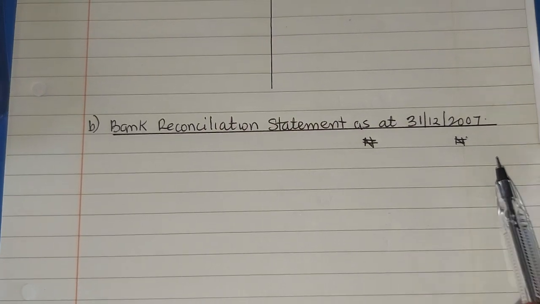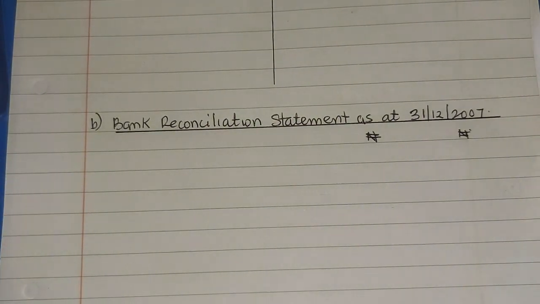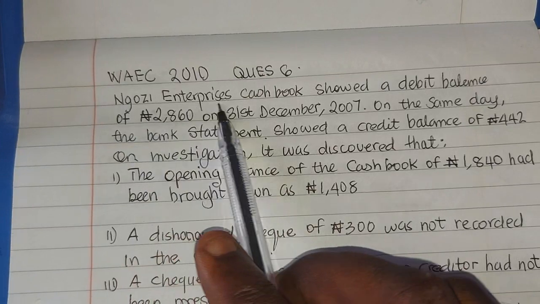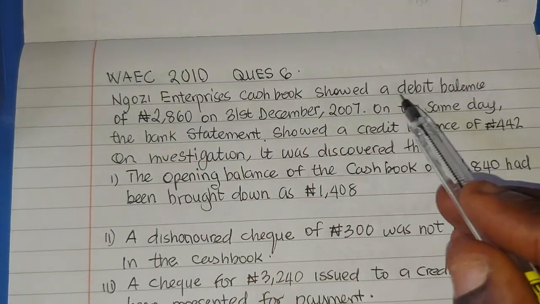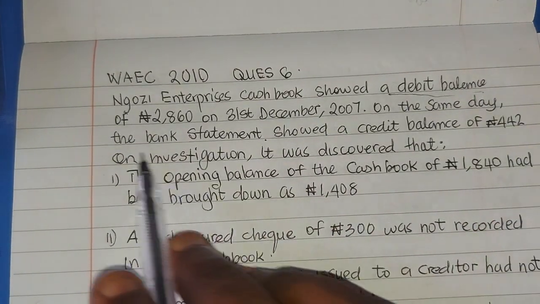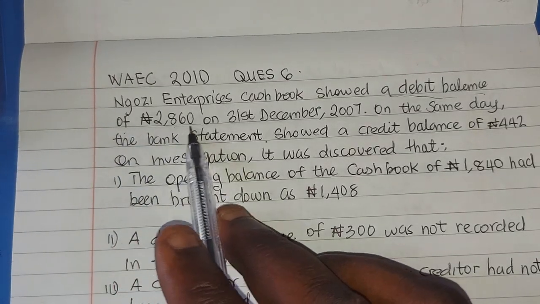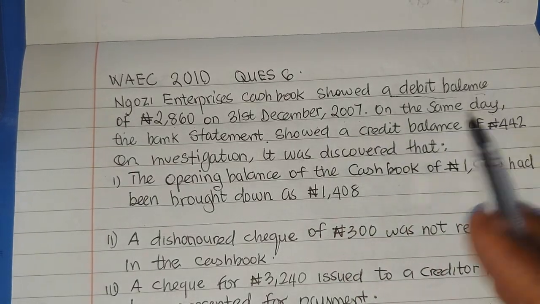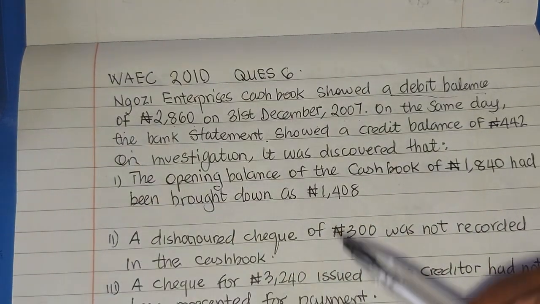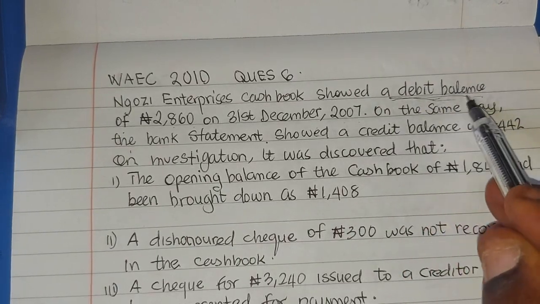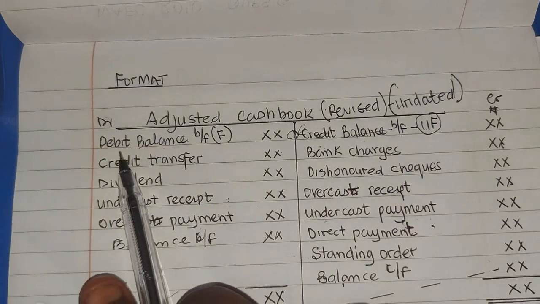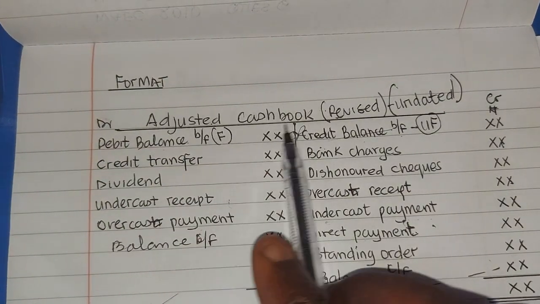Okay, so let's go to the question. Then we pick the questions one after the other and solve. From number one, look at the question. Ngozi Enterprises cash book showed a debit balance of 2,860 as at December 31st, 2020. So the cash book shows a debit balance. Where will the debit balance be? From your format, the debit balance will be on the left hand side of the adjusted cash book.